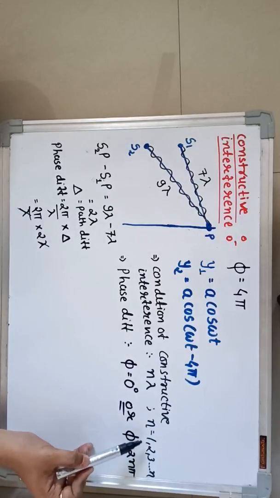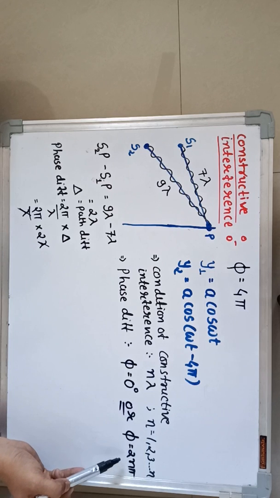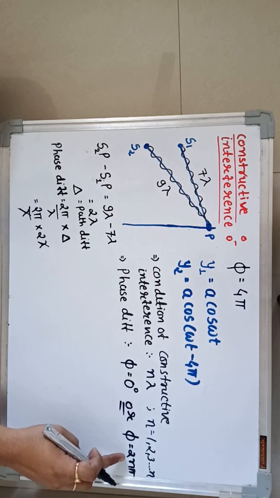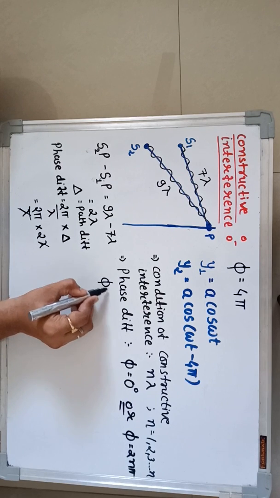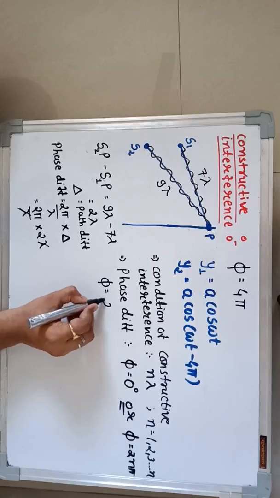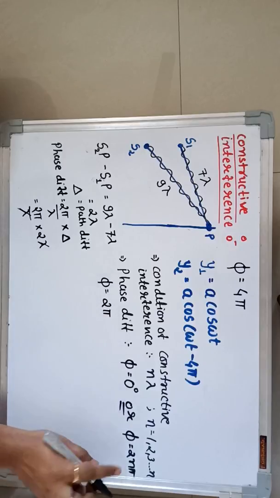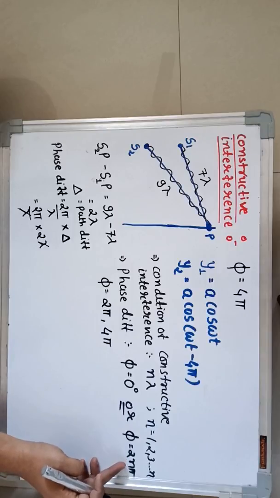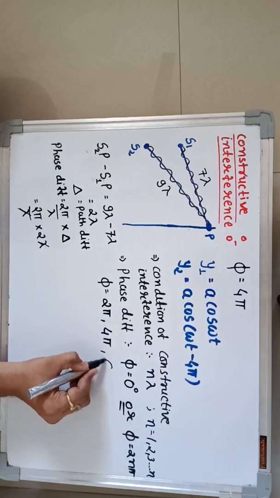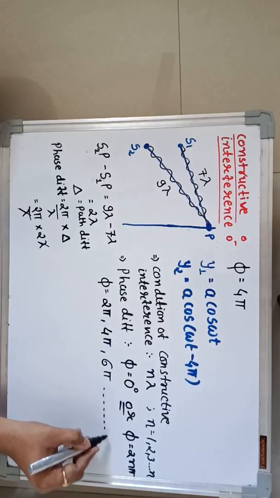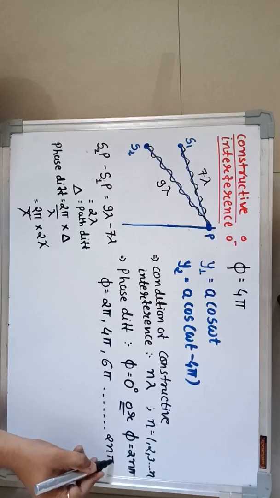Put the values of n in phi. So n is equal to 1, it is 2 pi, n is equal to 2, it is 4 pi, n is equal to 3, it is 6 pi, and n is equal to n, it is 2n pi.